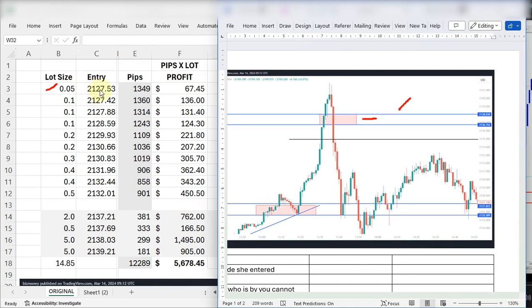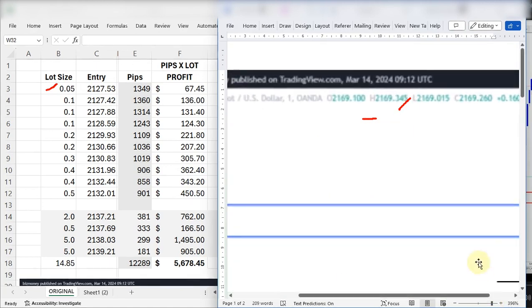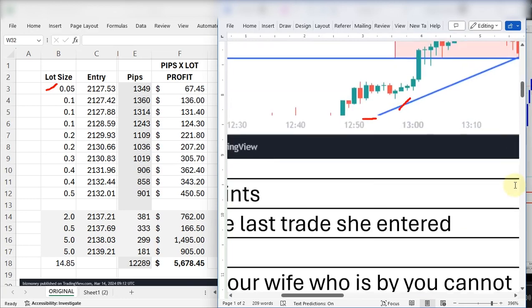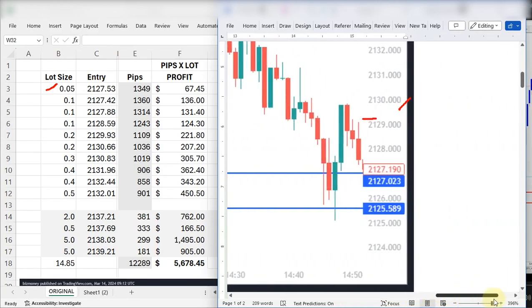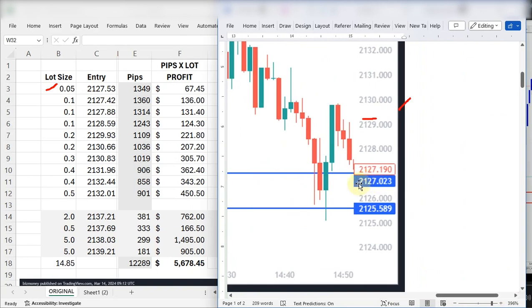This 21.27 is around this region. I will zoom in now so that you can see very well. So do you see that? 21.27. So follow this line.